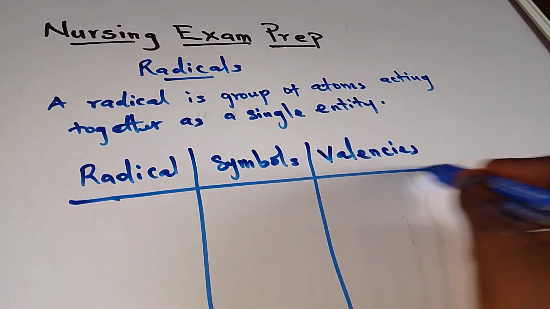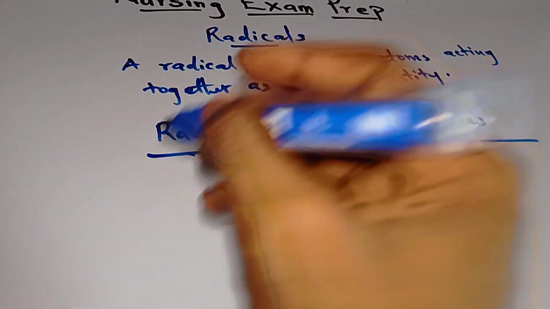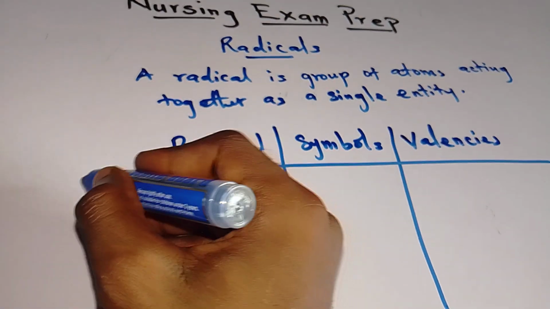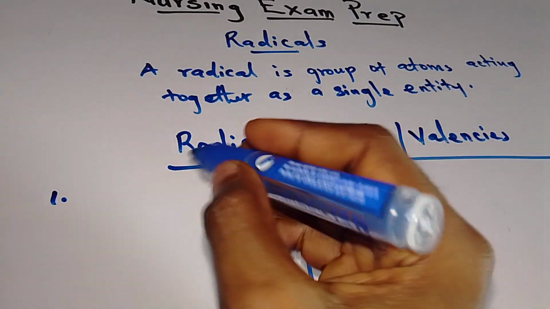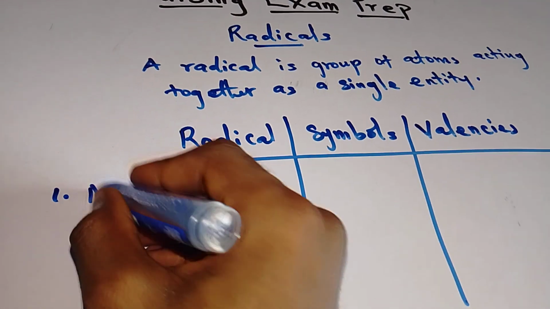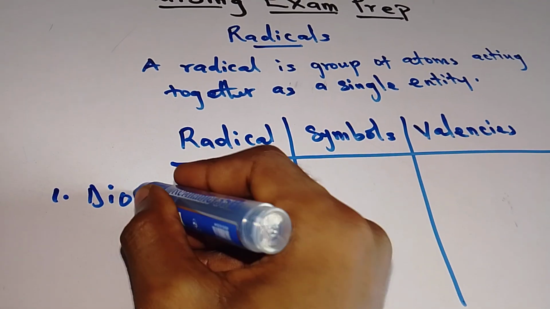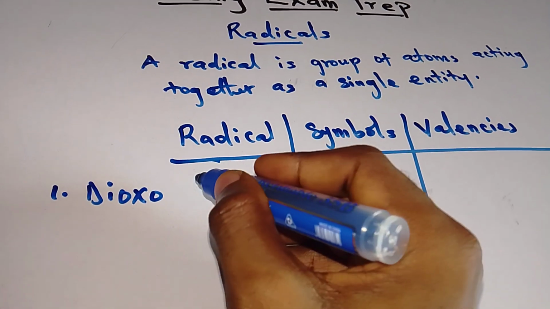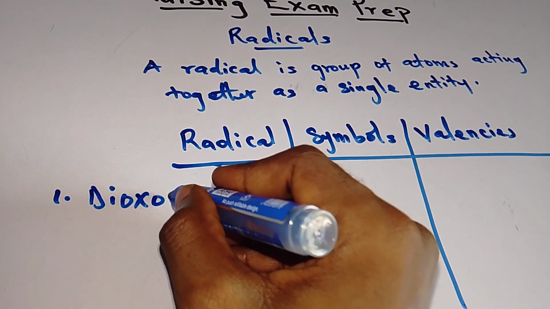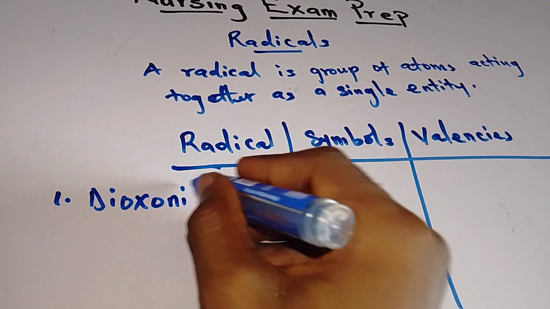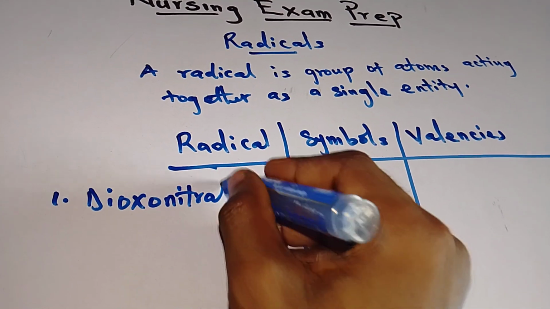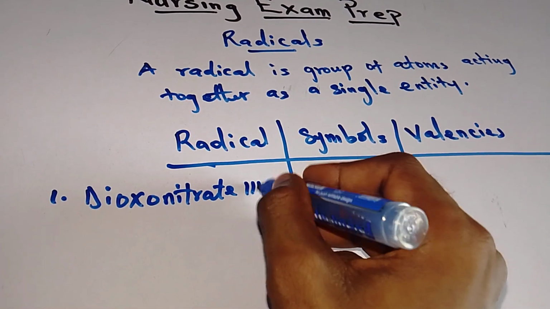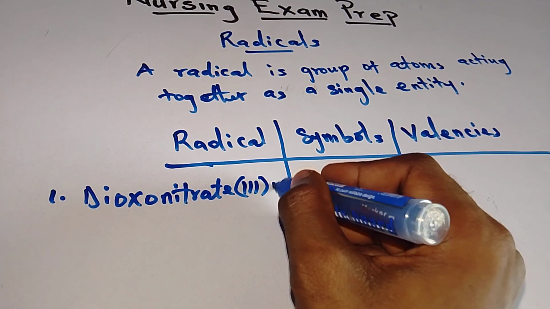Now the first radical I'm going to mention here is dioxonitrate 3 ion.